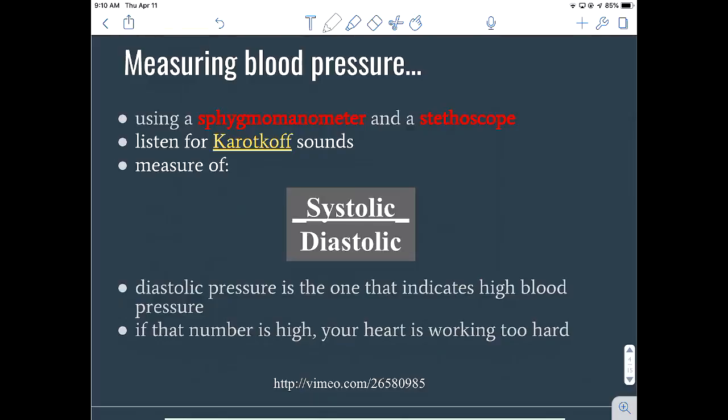So this is, oh boy, I'm going to have to pronounce it. Sphygmomanometer. This is also known as a blood pressure cuff. It is a cuff like this. Inside is a rubber bag, and when you place it around your arm, you can start to pump, and the bag fills full of air.